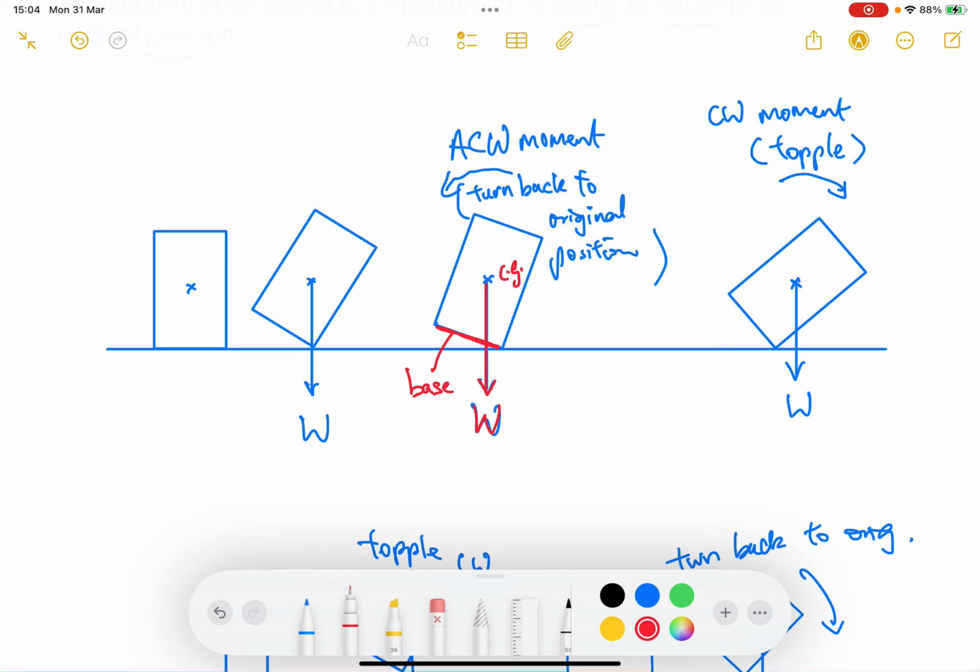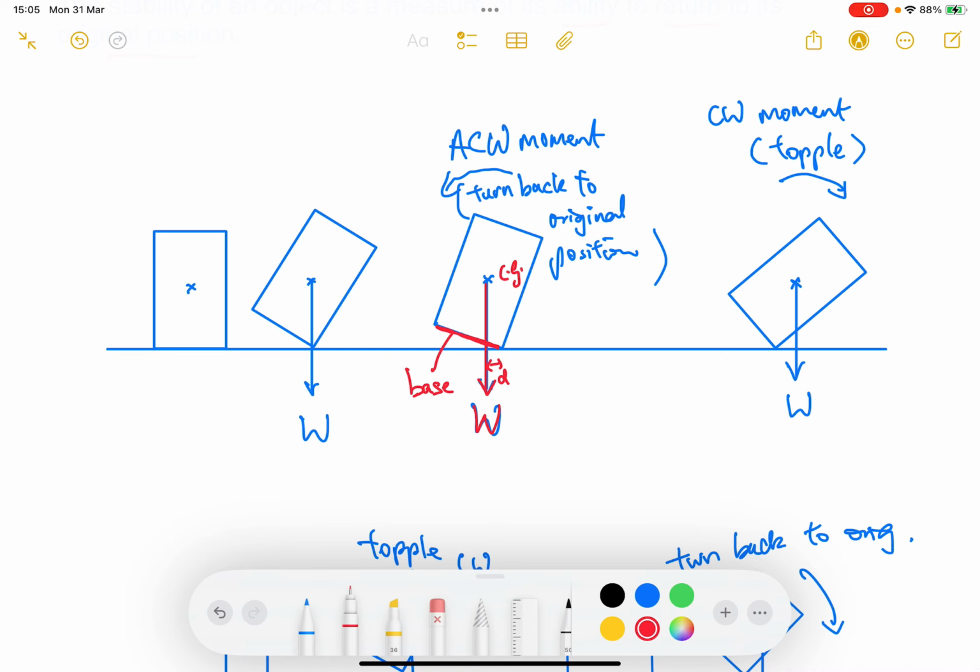And when the line of action of this force is within the base of this cuboid, it will have a turning moment because of this perpendicular distance over here. There will be an anti-clockwise moment causing it to turn back to its original position. So this object is actually stable, right? It's stable because it will return to its original position.